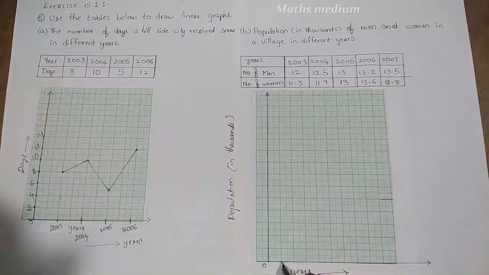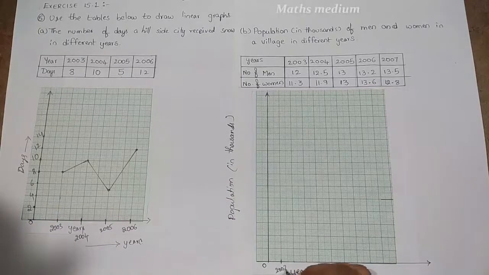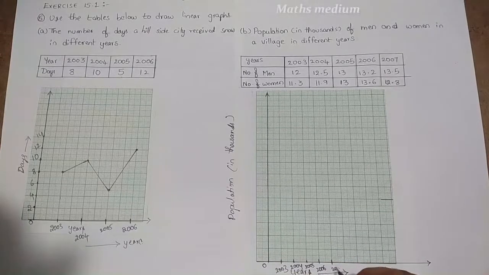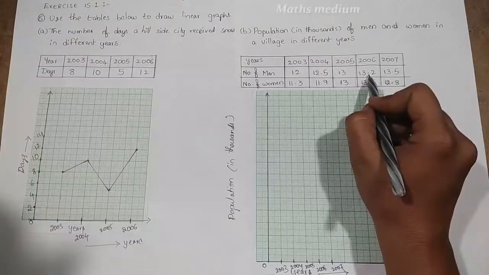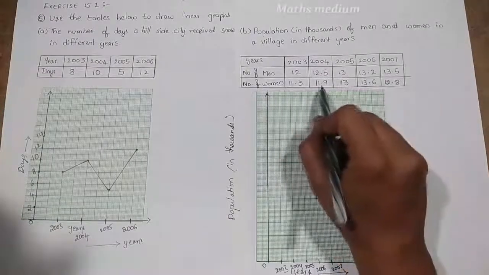So this is 2003, 2004, 2005, 2006, 2007. Okay. Next, in this population we have 12, 12.5, 13, 13.2, 13.5, 11, 11.9.